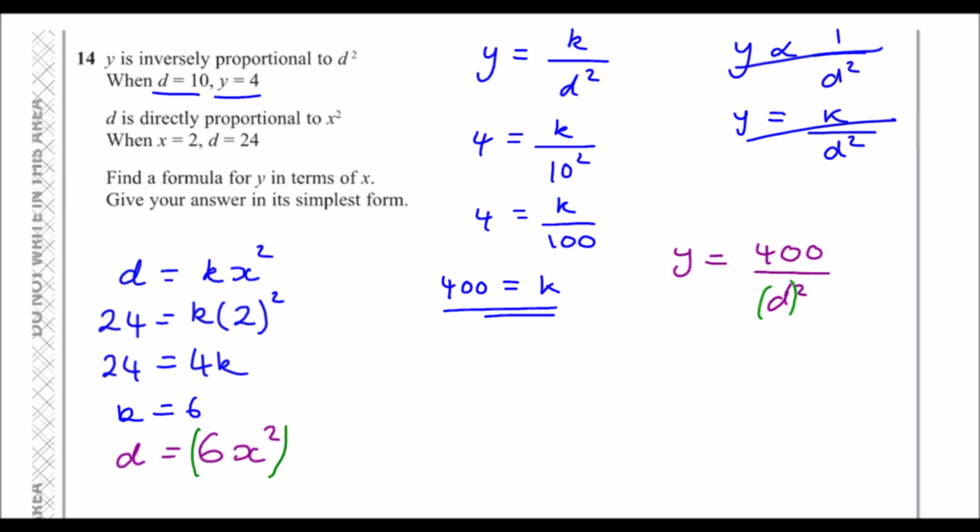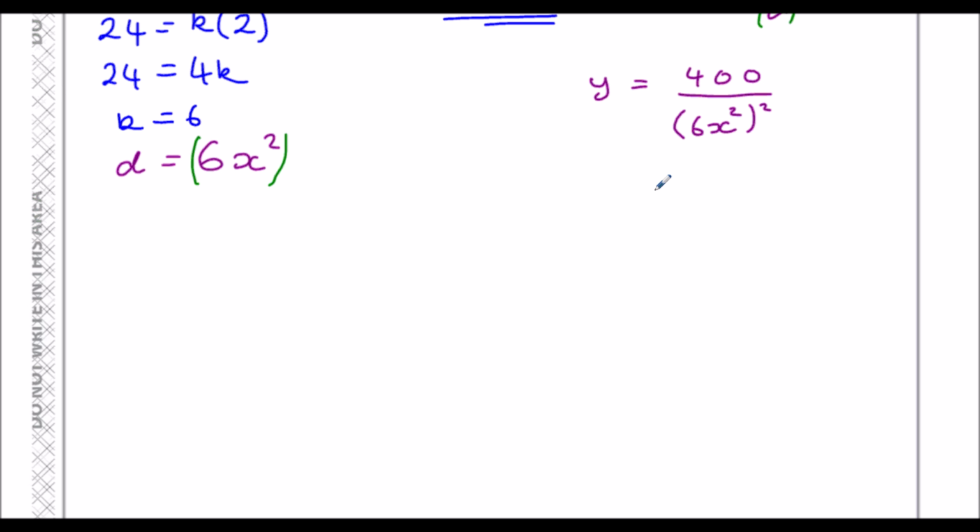So let's do that. y equals 400 over 6x squared, squared. So y is 400. 6 squared is 36. And x squared squared, x squared times x squared, is x to the power of 4.